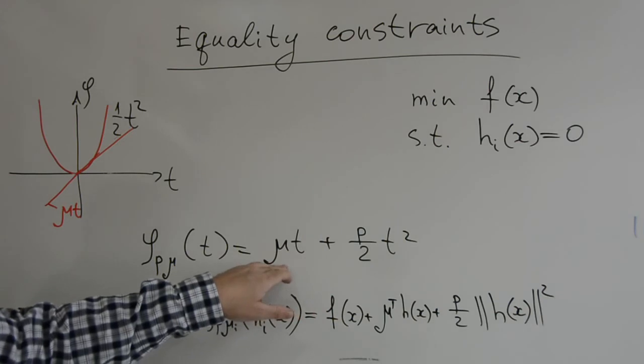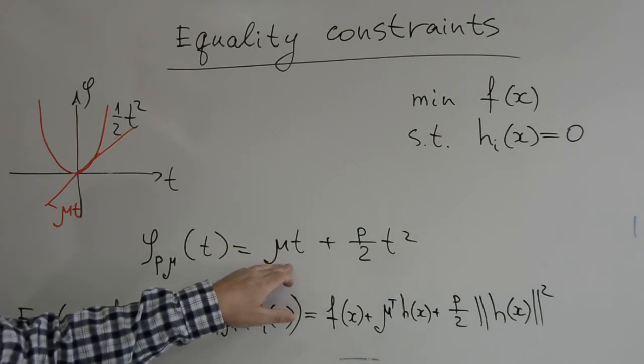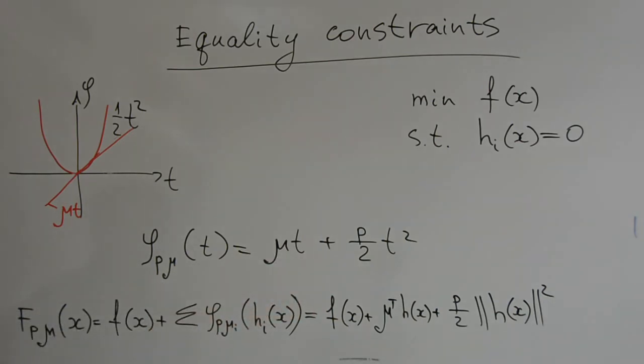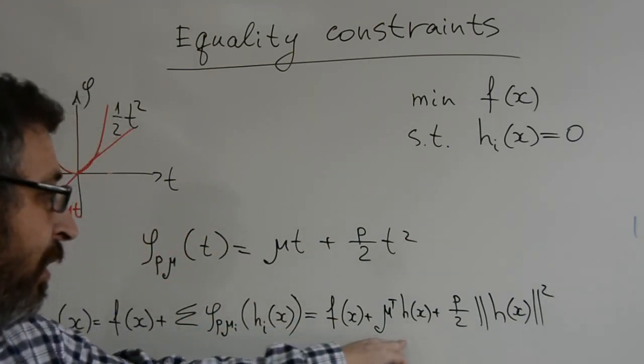So this is our penalty multiplier function, and the aggregate, like in the case with inequality constraints, is the objective plus some penalties of constraints. But in this special case, it has a very nice look.